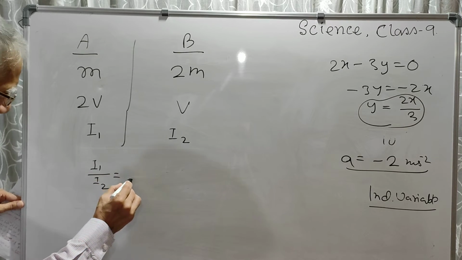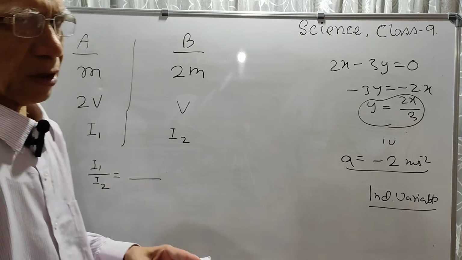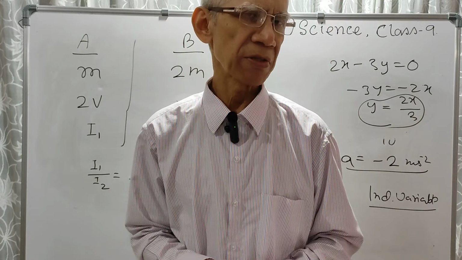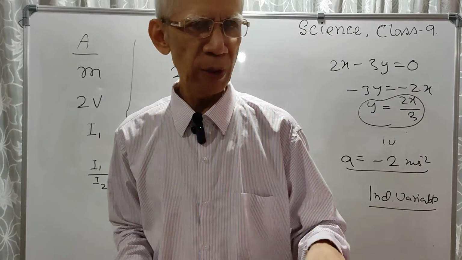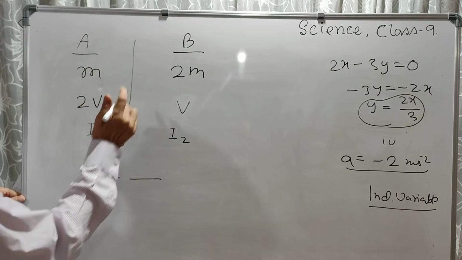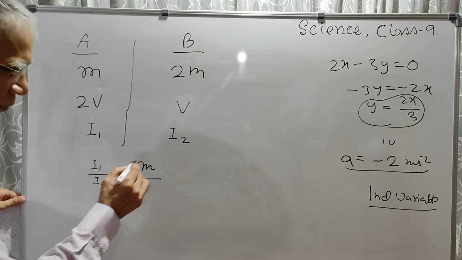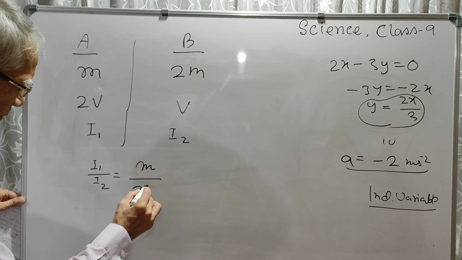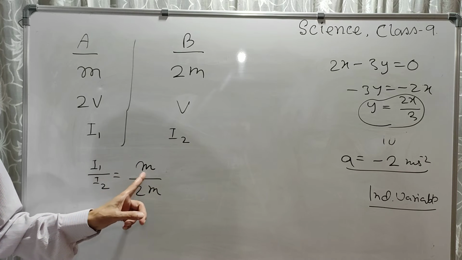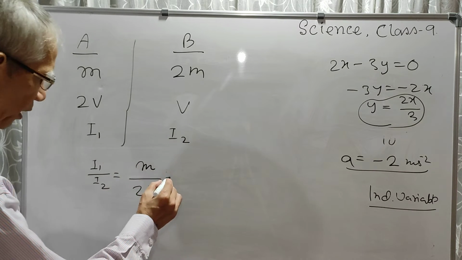Inertia is always measured in terms of mass. Therefore, inertia of the first body is m and inertia of the second body is twice m. So I1 by I2 is m by twice m, that means half.